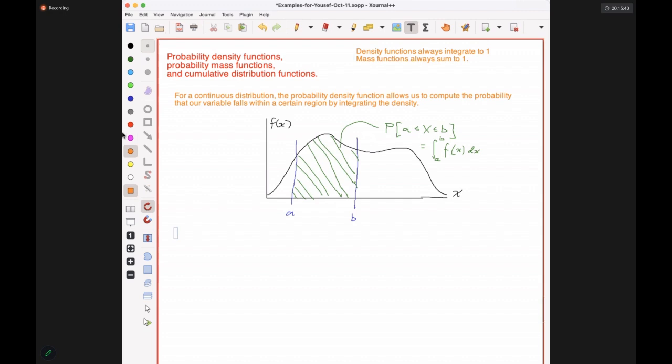Mass function is the equivalent thing for a discrete variable. The mass function tells us the probability that the variable takes any particular value.